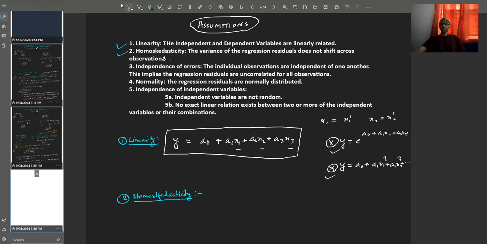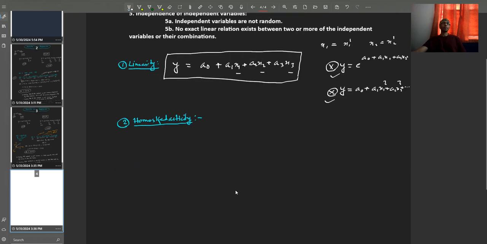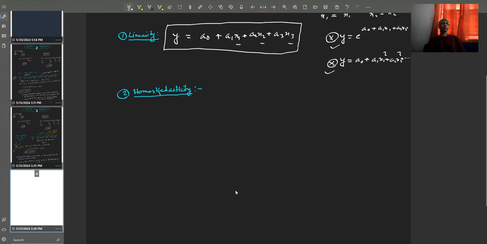So let's look at it by an example here. Let's say there is one data which looks like this, right, friends? Now here we can draw a linear regression line. We can clearly see this is a linear regression, so we can draw a regression line like this.